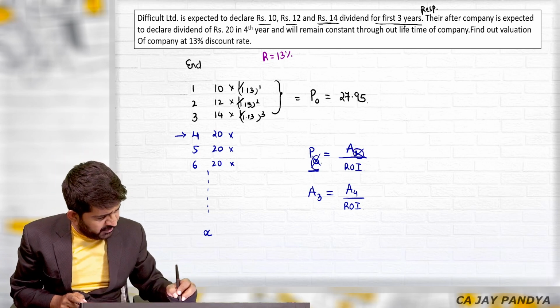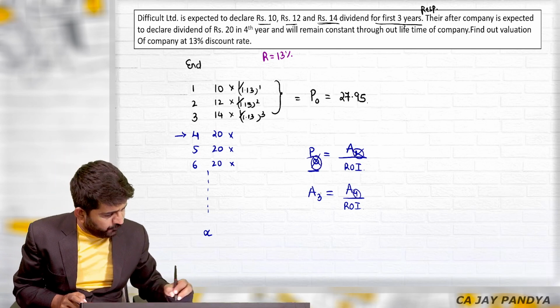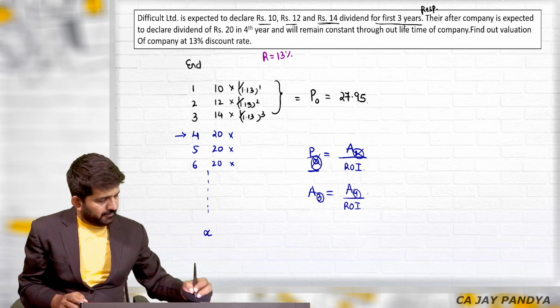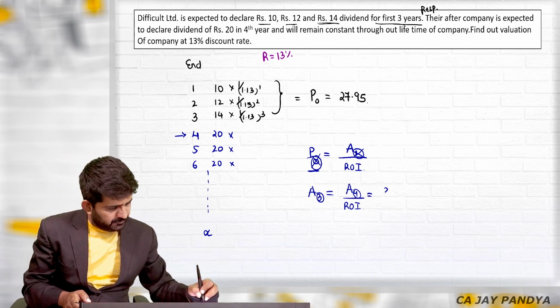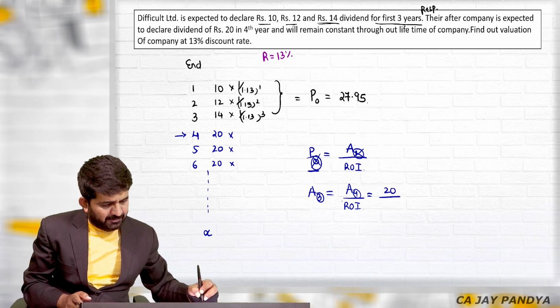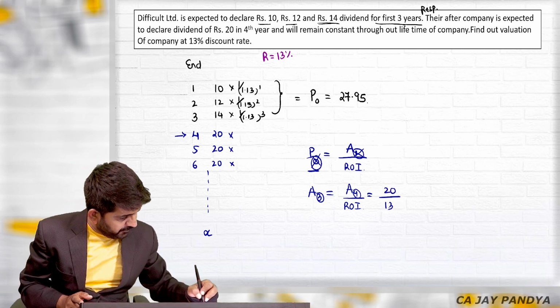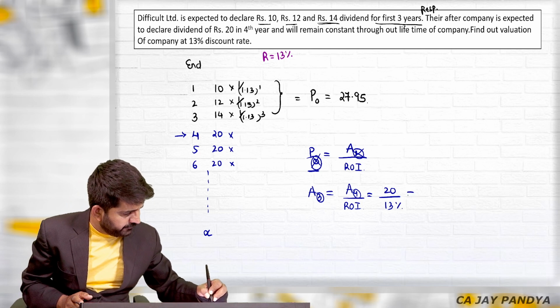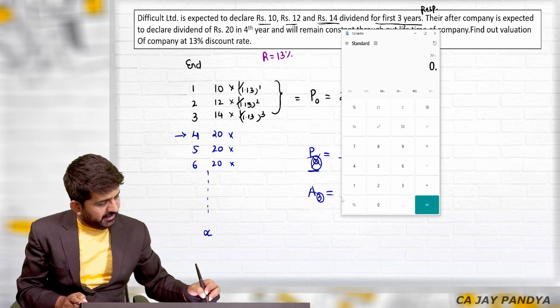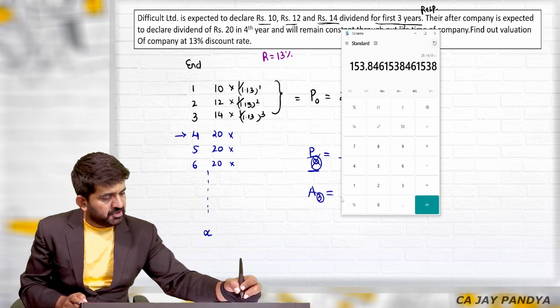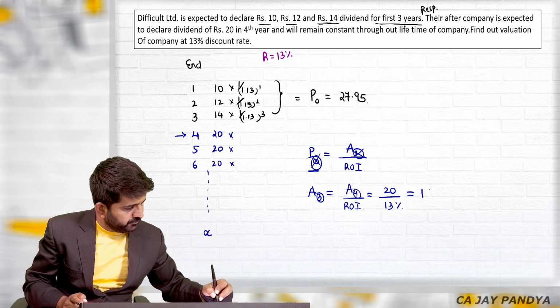If this is 1, this is 0, this will be 4, this will be 3. So the amount after fourth year is 20 rupees, divided by rate of interest 13%. Now there is no growth rate. This is 20 divided by 13%, which is 153.84.